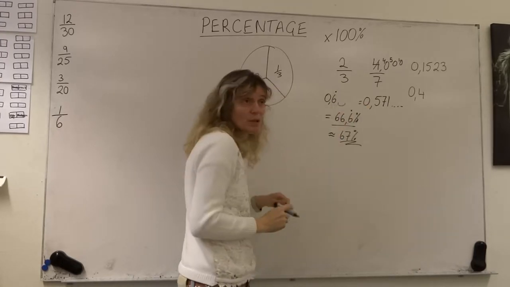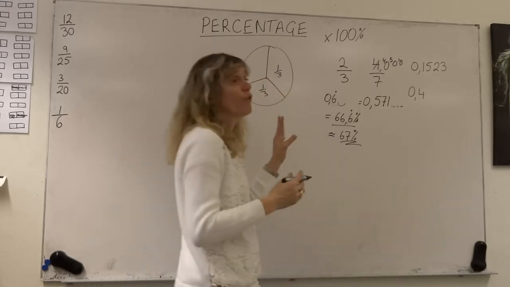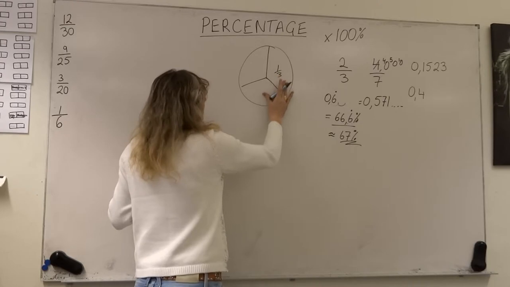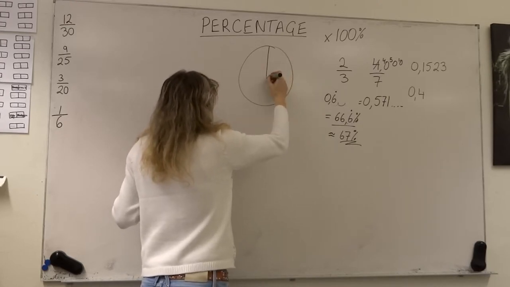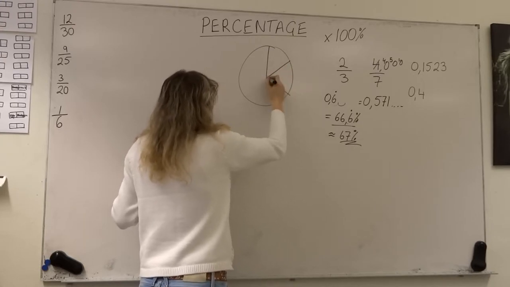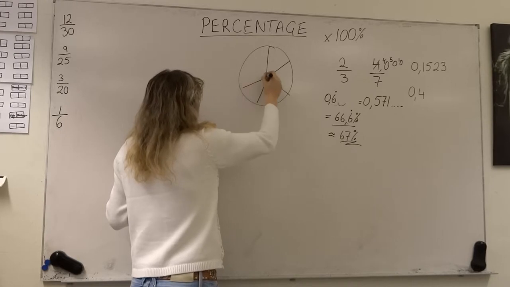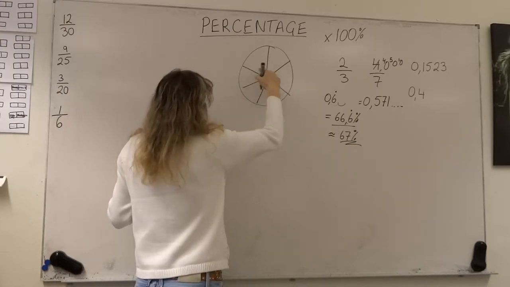This decimal number, 0.571, as a percentage, if we were trying to work out 4/7 of our piece of pizza, so we now split our pizza instead of into 3 pieces, into 1, 2, 3, 4, 5, 6, 7.